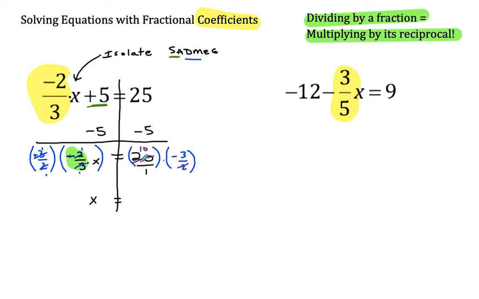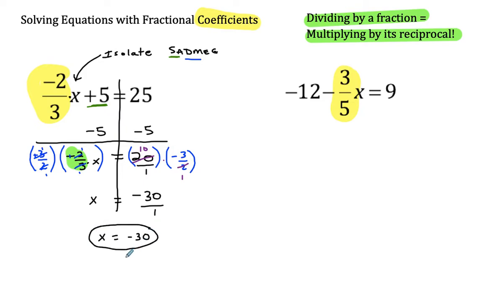That's 20 divided by 2 is 10. 2 divided by 2 is 1. So now I don't see anything else that I can cross-cancel. So multiplying straight across, 10 times negative 3 is negative 30. And 1 times 1 is 1. And another way to write that is that x is equal to negative 30.